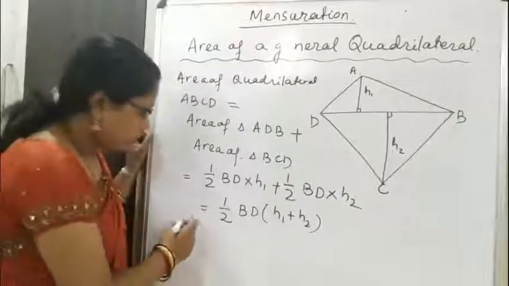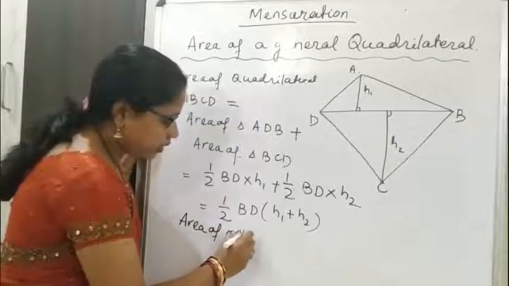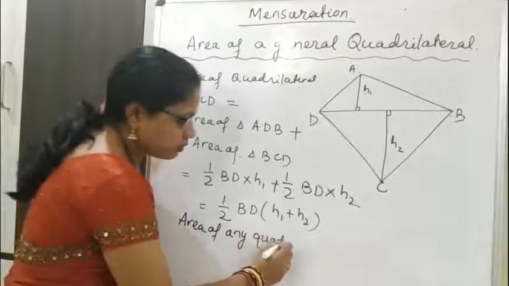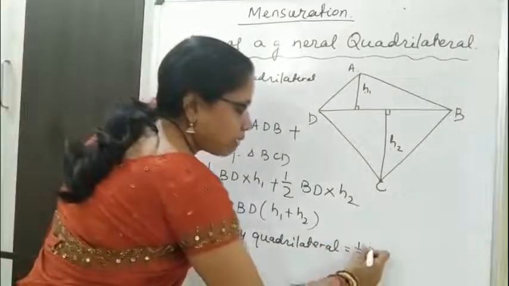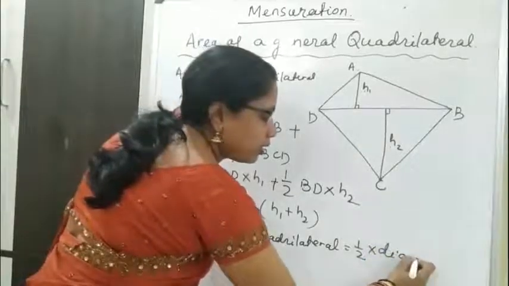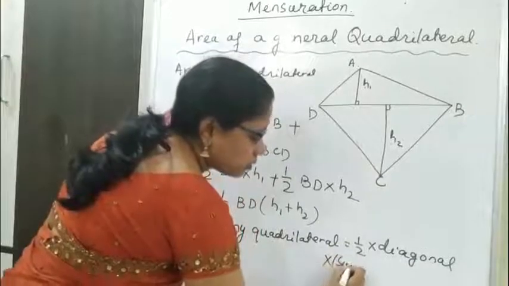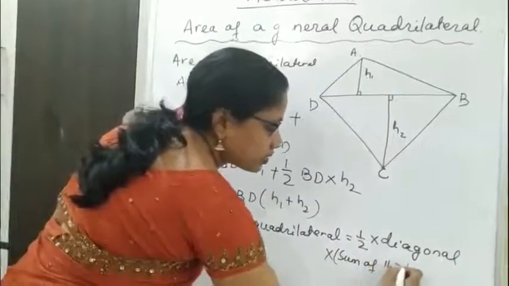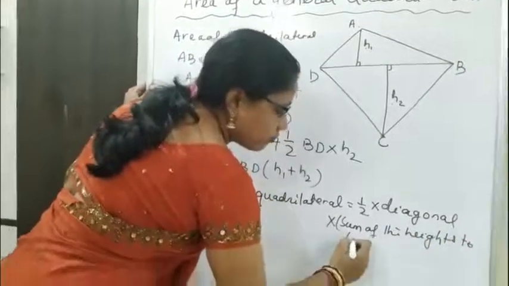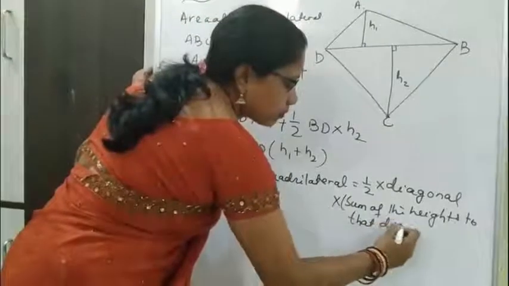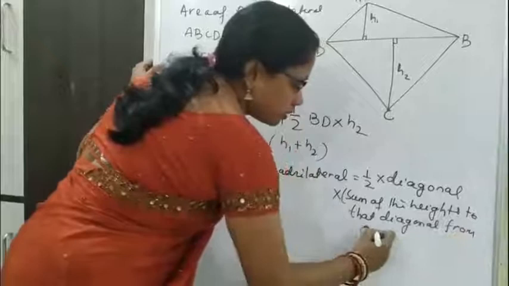Therefore the area of any quadrilateral is equal to half multiplied with any diagonal multiplied with the sum of the heights to that diagonal from opposite vertices.